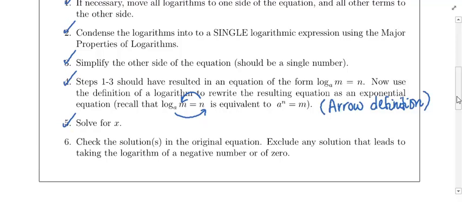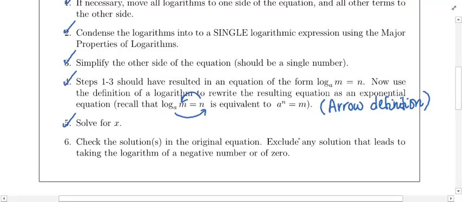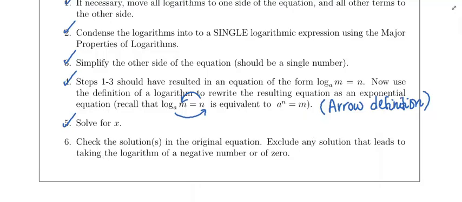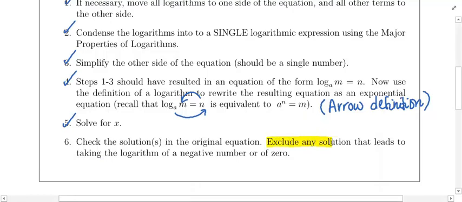So step 6 says to check your solutions in the original equation. You're not trying to see if you're right or wrong. You're more worried that you may get something called an extraneous solution. It's something that looks like a solution, but it really isn't. So you need to exclude any solution that leads to taking the logarithm of a negative number or of 0.